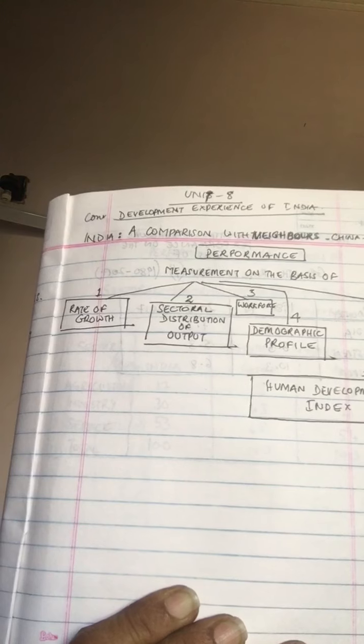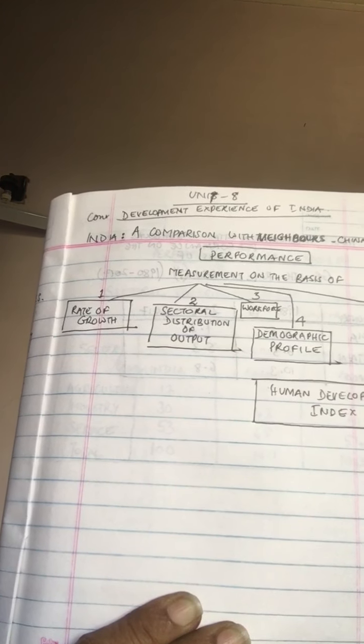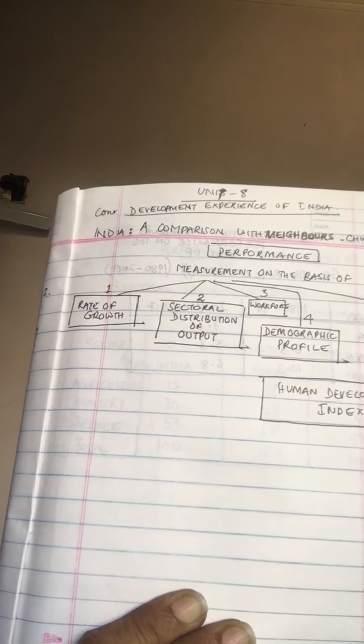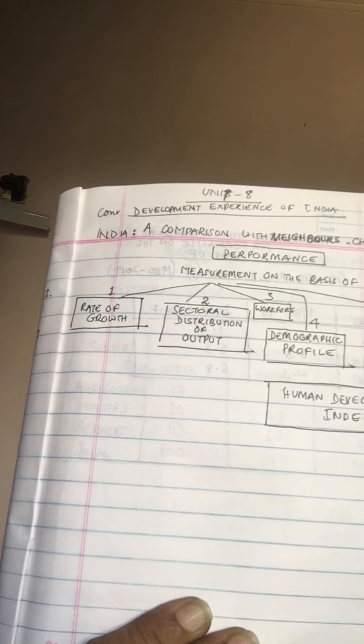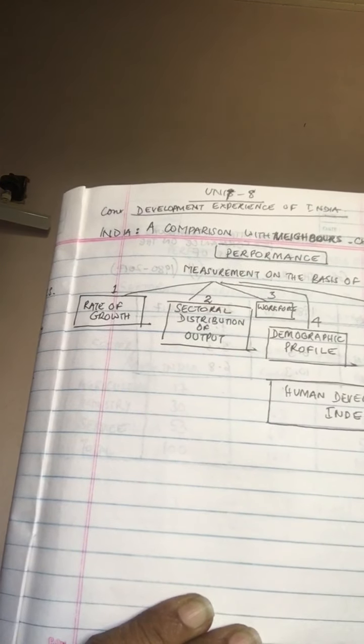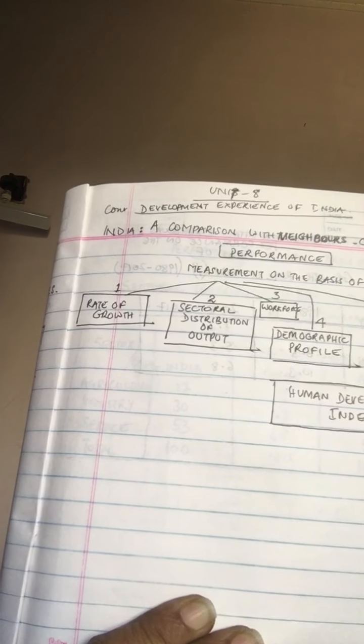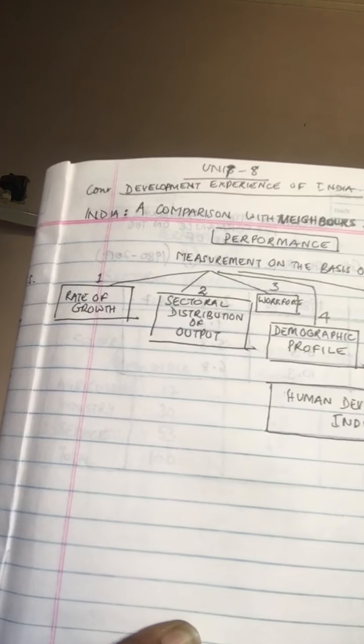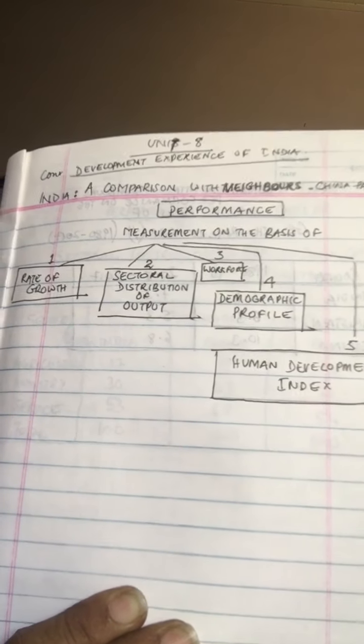So, selected indicators of human development. The source will be the World Development Report and the Human Development Report 2018. So this is what we are going to do, and we are going to take up the first one.